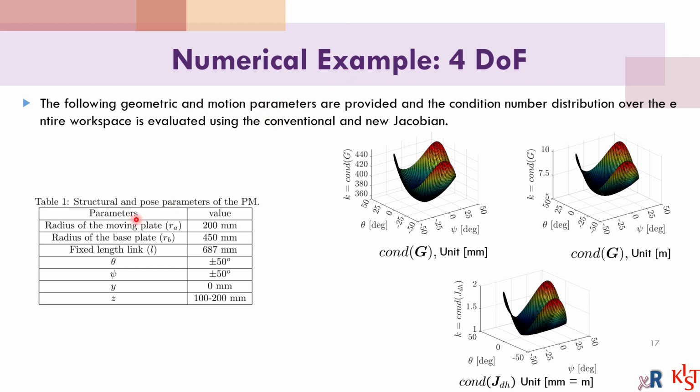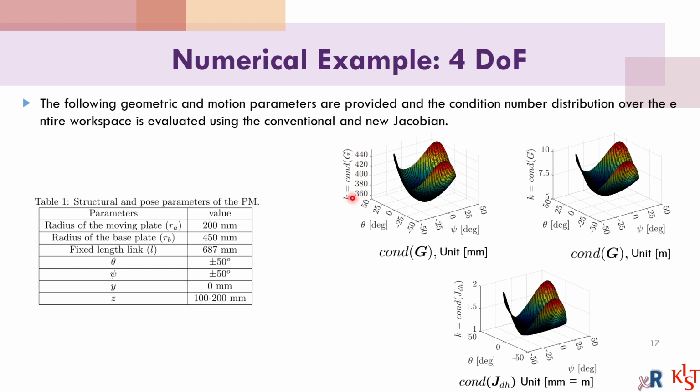In order to demonstrate the validity of the approach, we took a numerical example with the following structural and pose parameters. First, we calculate the condition number distribution over the entire workspace using the conventional Jacobian with the unit millimeter.